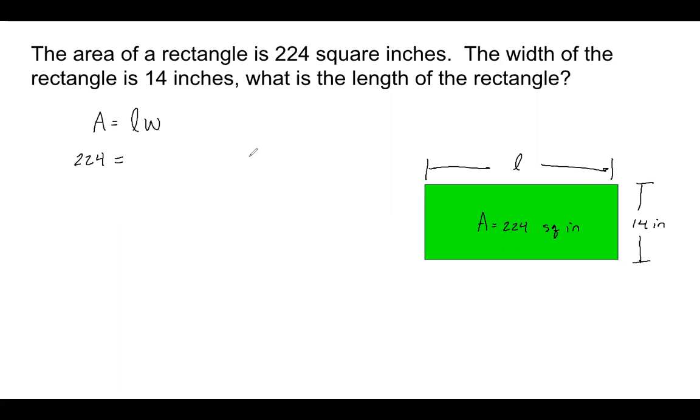The length is what they're asking us for. They said, what is the length of the rectangle? Which means I'm going to make that my variable. L is the length of the rectangle.